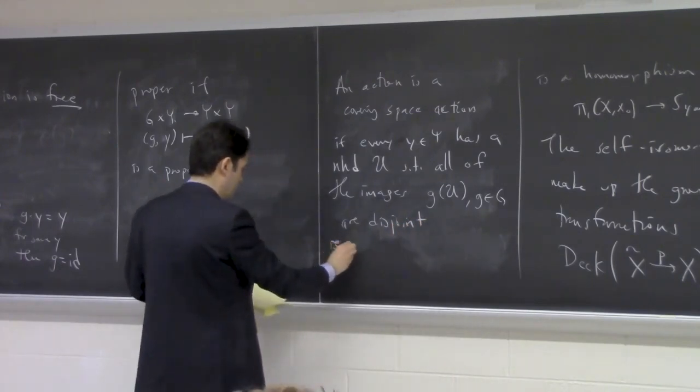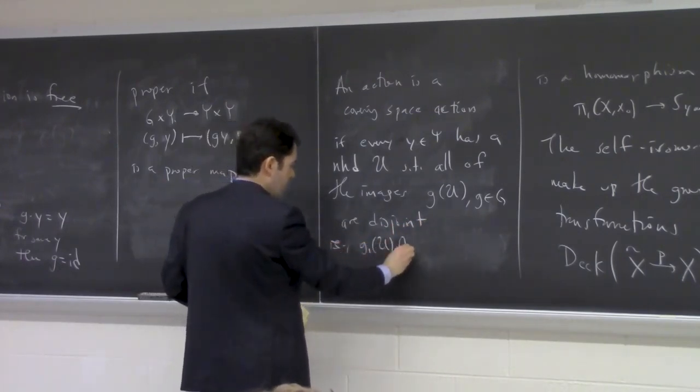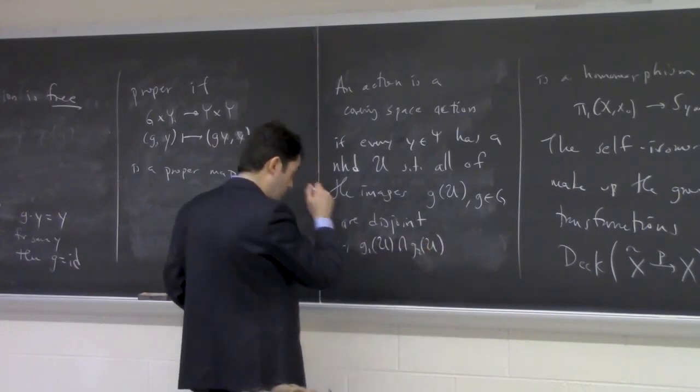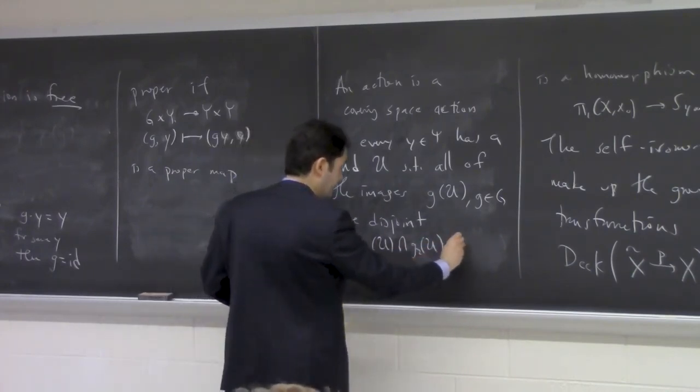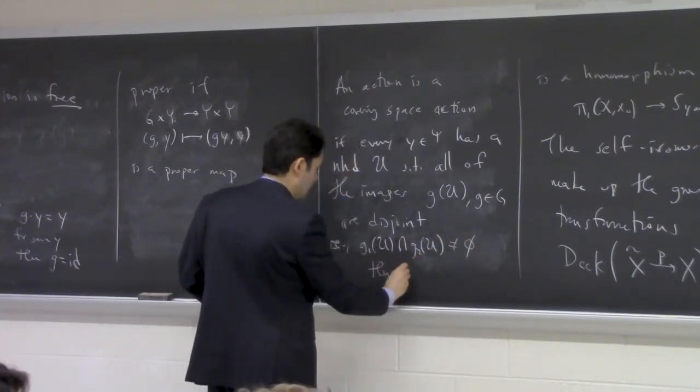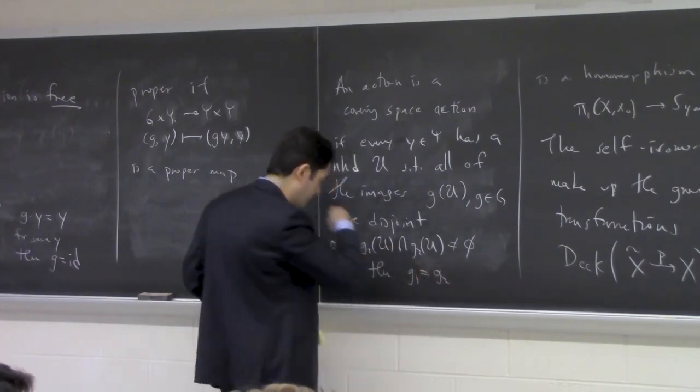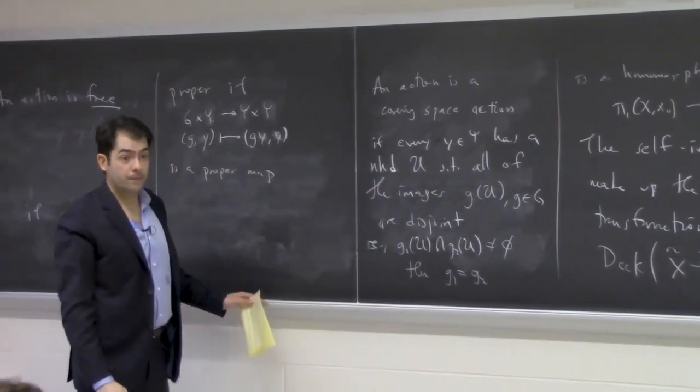Right? Another way of saying that is that if g1 U intersect g2 U is not empty, then g1 is equal to g2.